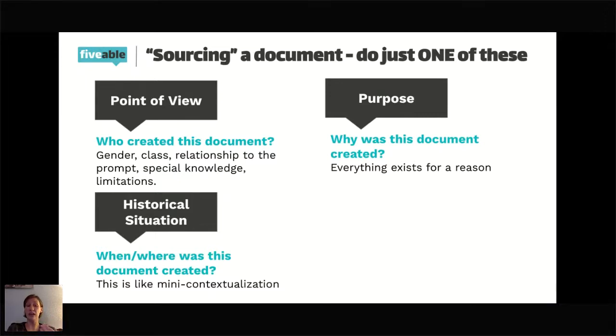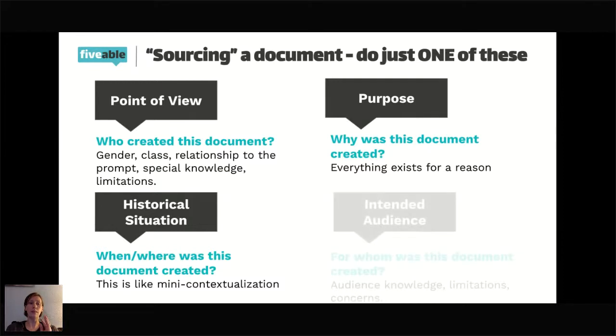A document created July 4th, 1976 is perhaps going to have a really different flavor to it because it's not being created in the context of British American political tensions. It's being created in a whole different political context in the United States of America in a totally different century. So a historical situation could influence what a document has to say or how it gets created.